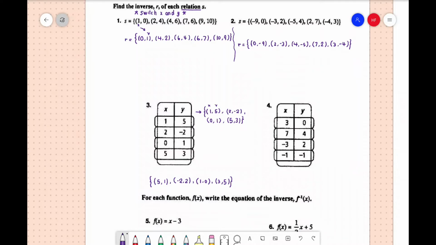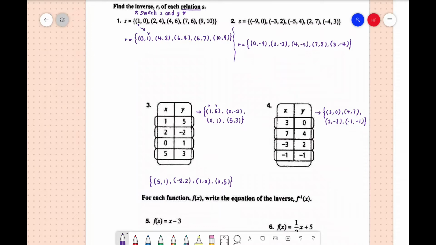Then for number 4, it's the same thing. So this is the set of points 3, 0, 4, 7, 2, negative 3, and negative 1, negative 1.